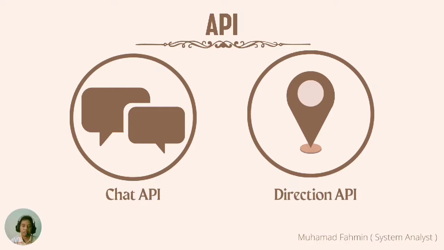First is Chat API. Chat API is a collection of programmable building blocks that can be used to provide real-time chat features for in-app chat or for chat on a website.